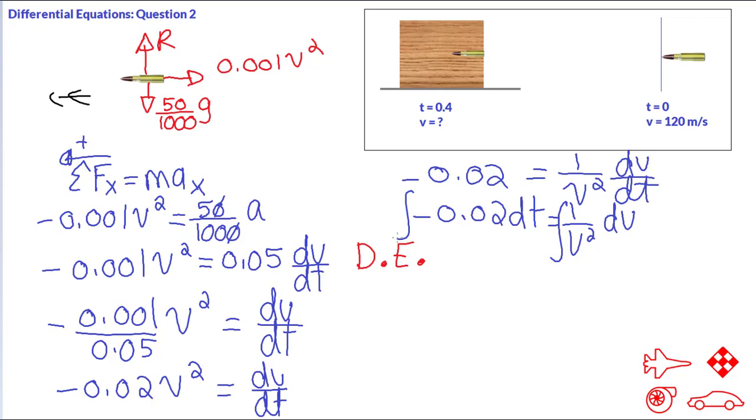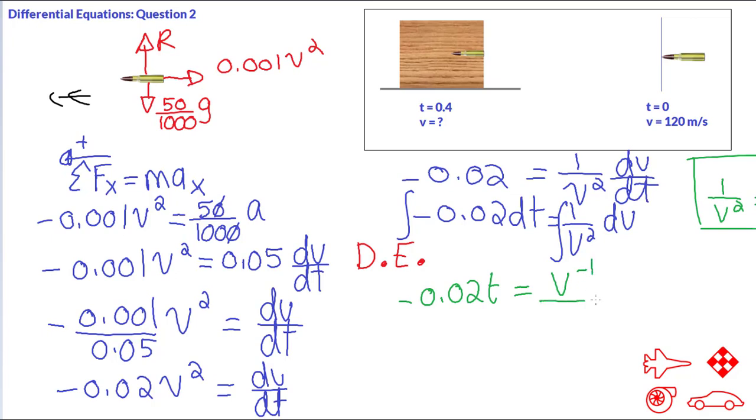Now we've separated the variables. Time to integrate. The integration of minus 0.02 is minus 0.02t equals the integration of that. Well, 1 over v squared is the same as v to the power minus 2. Therefore, we add 1 to the power and divide by the same number.